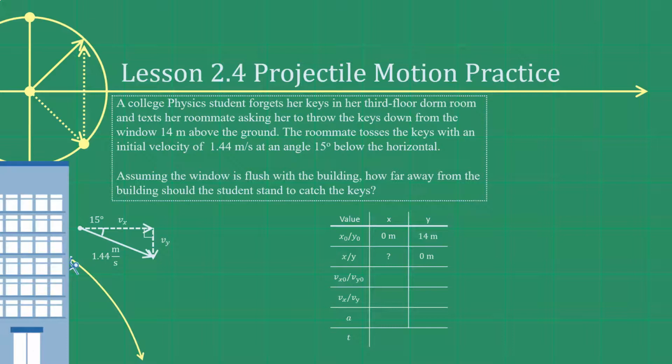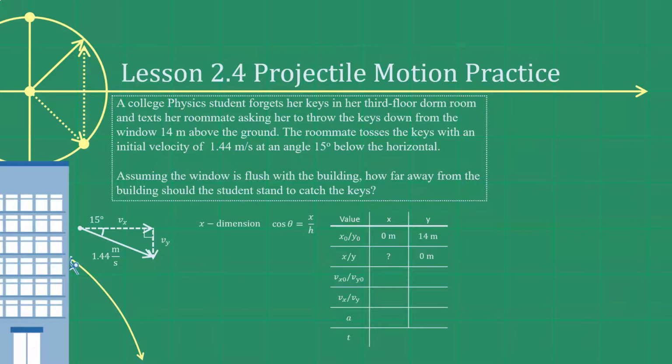The original x and y velocities are going to come from the vector diagram, just like they always do. So let's go ahead and solve for those initial x and y velocities. We'll start with x. In the x dimension, just like before, I'm given the same basic angle. It's that bottom angle, the angle attached to the x-axis.